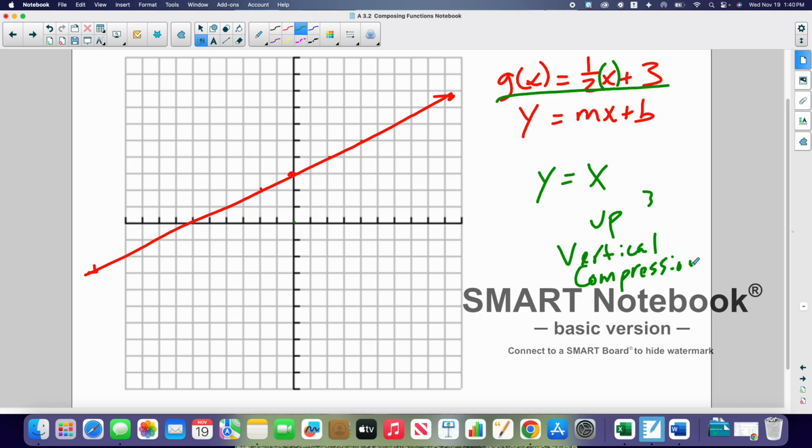Okay? Now, let me ask this question. Have you seen a line be written like this before? Close, right?